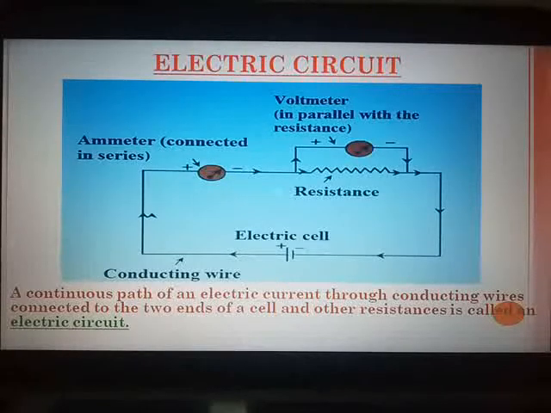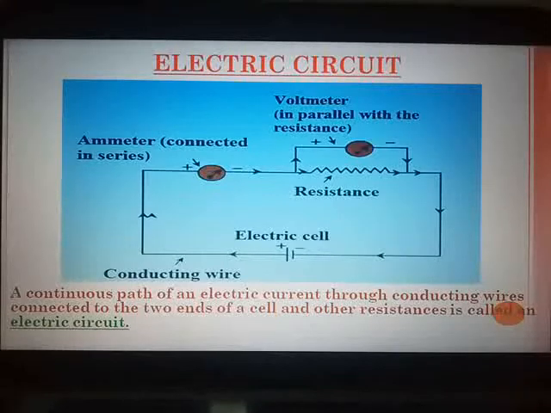Now an electric circuit is depicted by a figure. This figure shows how the different components are to be connected in the circuit, by using special symbols for each of the components. The chart which shows the symbols for the components and their uses has been removed from the syllabus due to the pandemic.